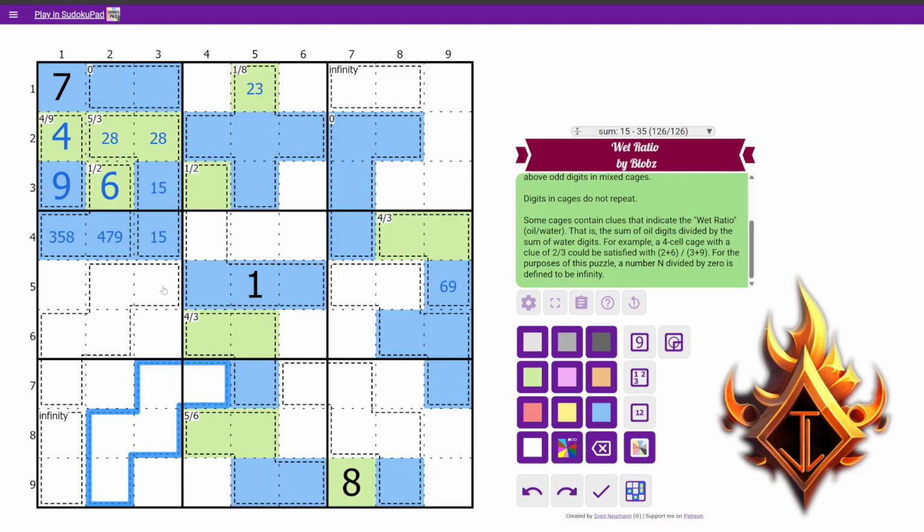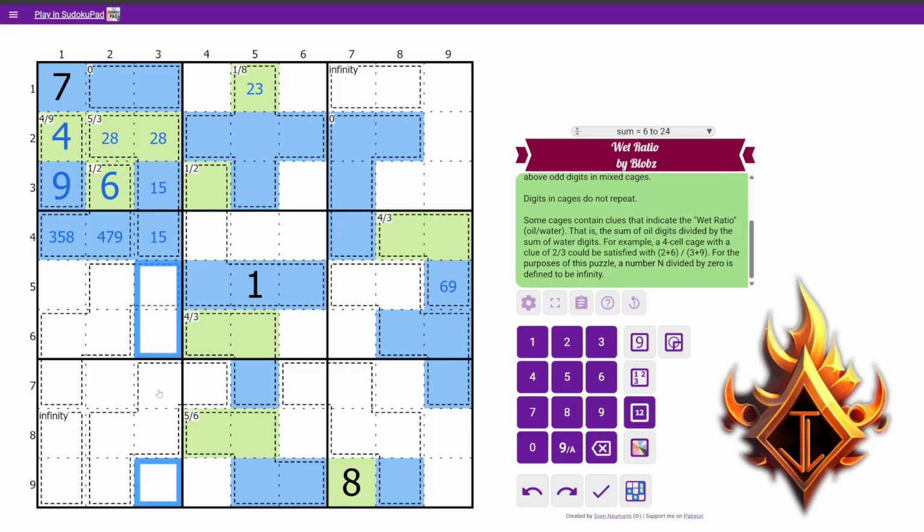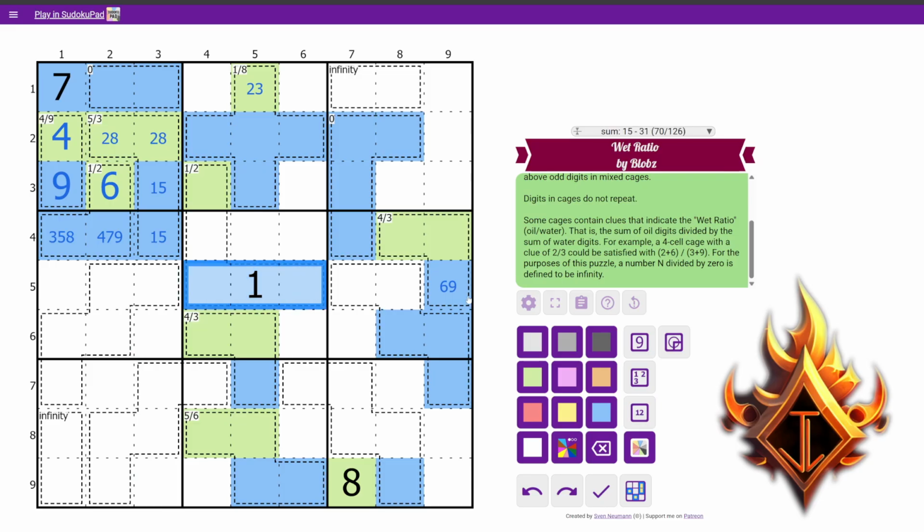It will make all of these even. That one as well. That seems okay also. Oh, there are 4 here.